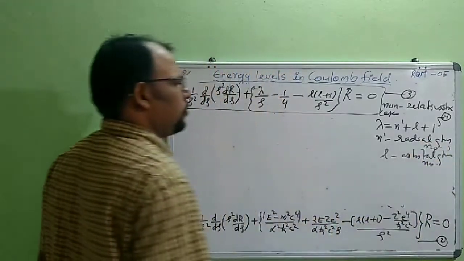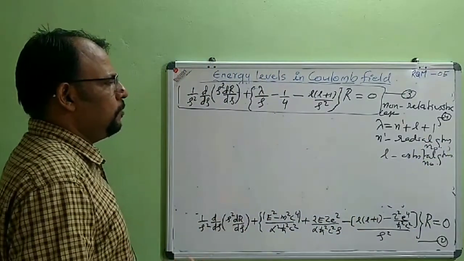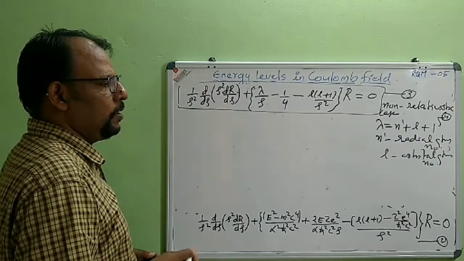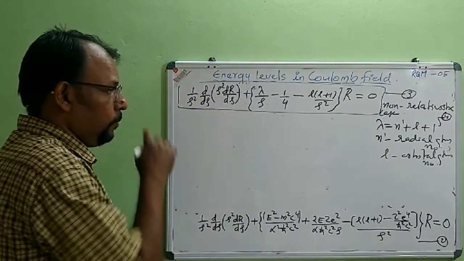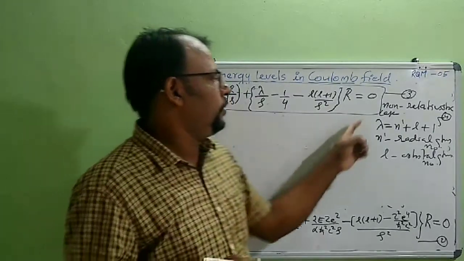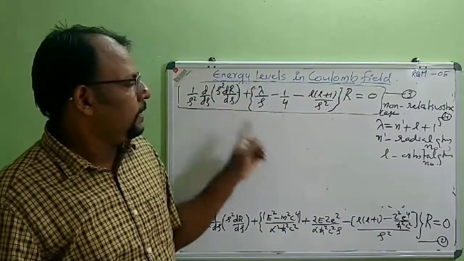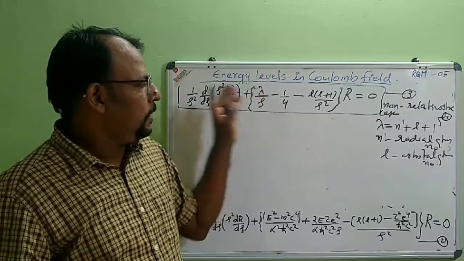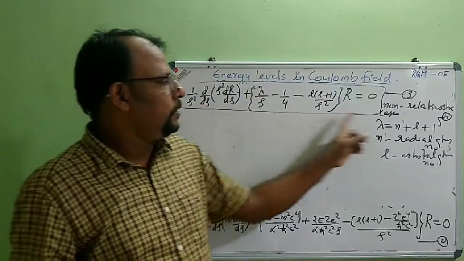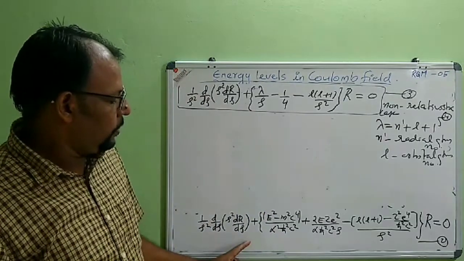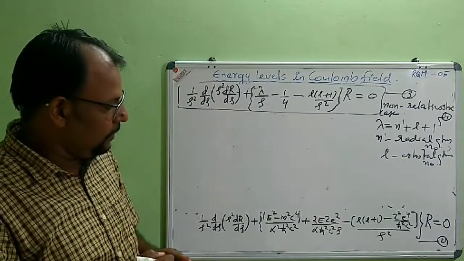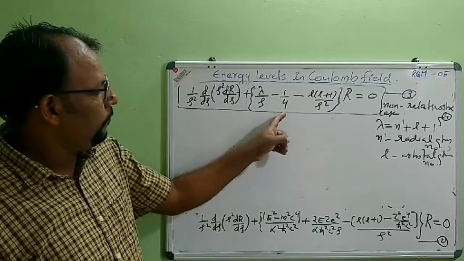N dash is a positive quantity, L is also a positive quantity. N dash is called radial quantum number and L is called orbital quantum number. This equation 3 we have obtained for hydrogen atom, the radial part of the differential equation in the case of non-relativistic case. So this equation is for relativistic case, and this equation is in some way similar to equation 3.